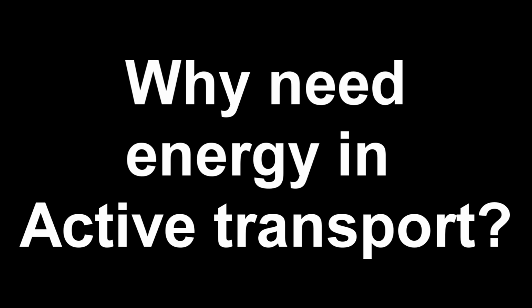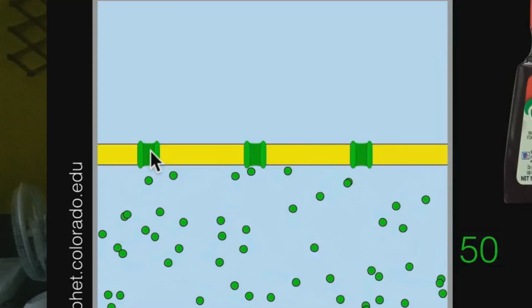So in active transport, why do you need energy? For example, here I have a diagram. We have food coloring, let's say 50 molecules of it, and as a channel opens, can you predict what will happen?